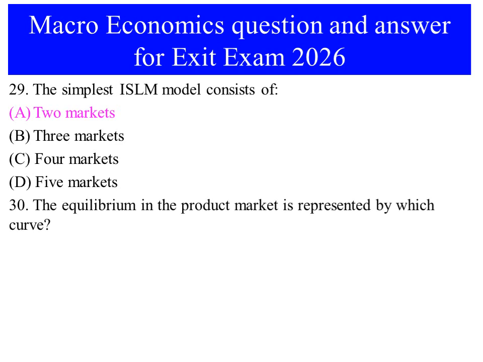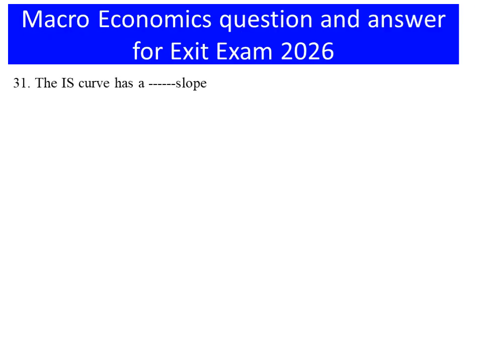Number 30, the equilibrium in the product market is represented by which curve? A, IS; B, LM; C, demand curve; D, supply curve. That is IS, the product market. Number 8, in Fisher's transaction velocity model, one of the following is not an assumption.